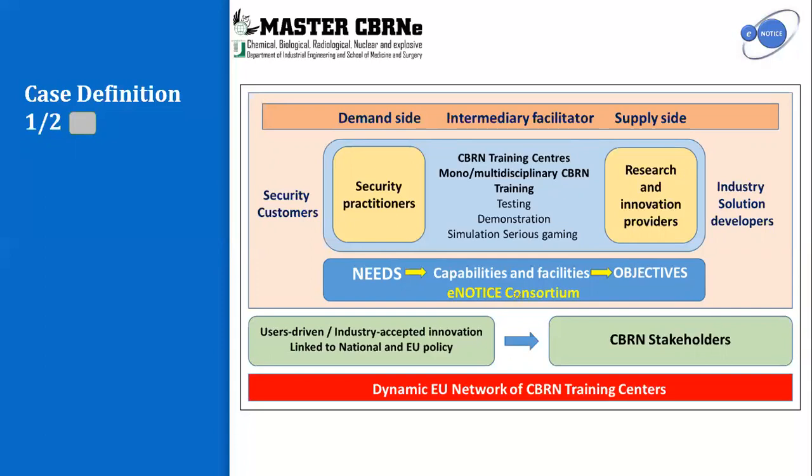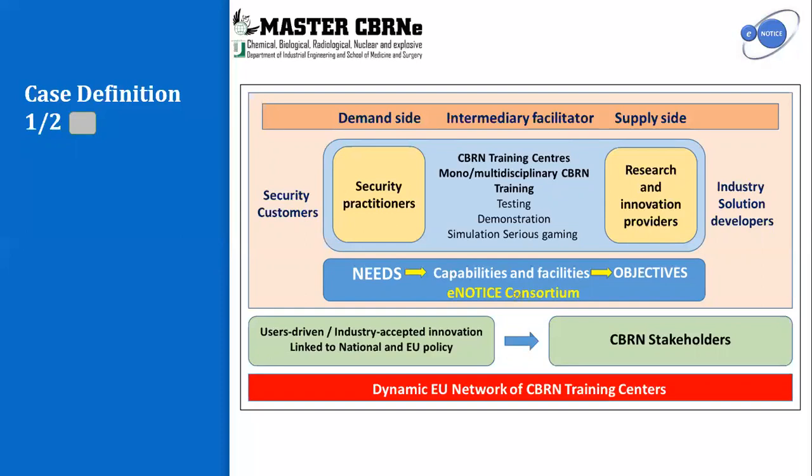The place where we imagine that these different actors should meet, of course, in the eNOTICE project, are the training centers: CBRN training centers, mono or multidisciplinary, where we can have tests, demonstration, and simulation.